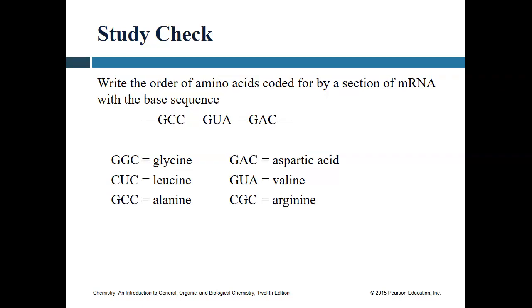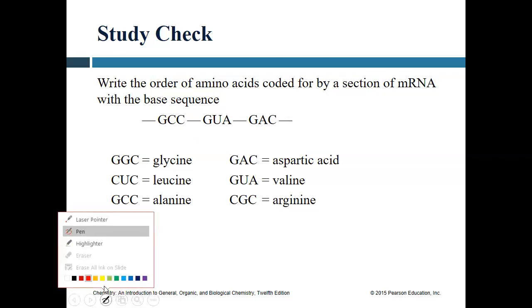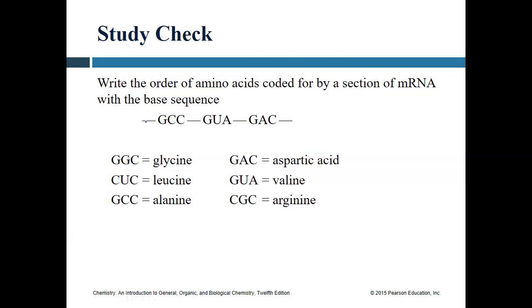So what we can do with this kind of information is we can answer questions like this. If I have this messenger RNA sequence, what that tells me is, okay, GCC is this one. So alanine would be the first amino acid.